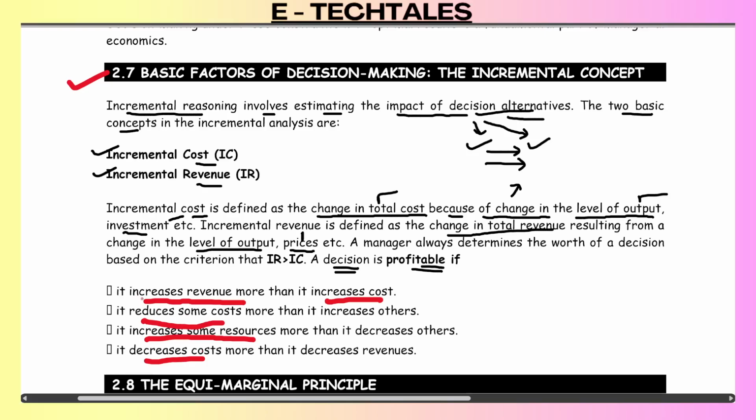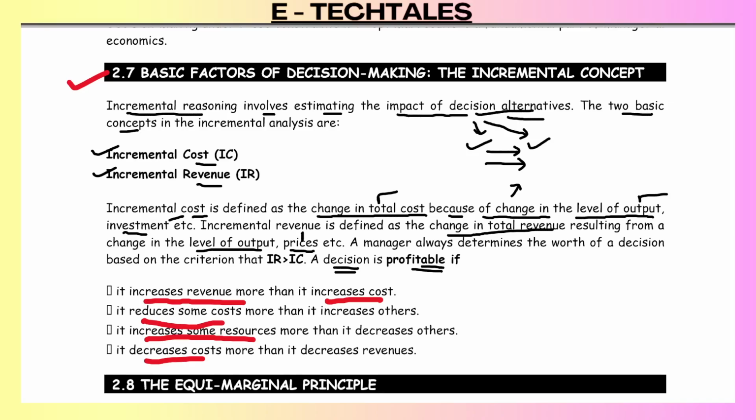These are the four most crucial things you have to do to tackle the incremental cost and incremental revenue factor. As a manager, you have to decide on all these four things.